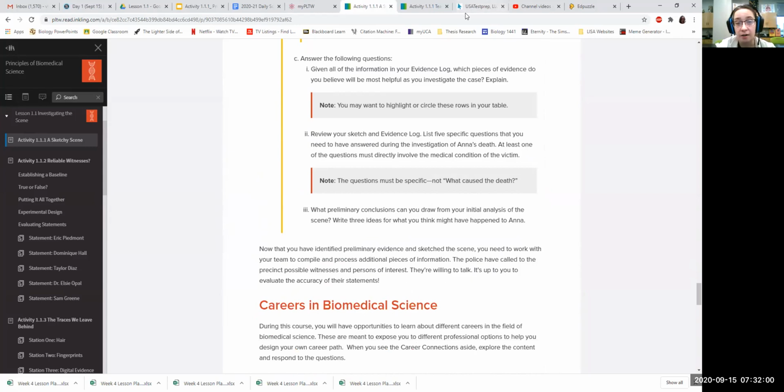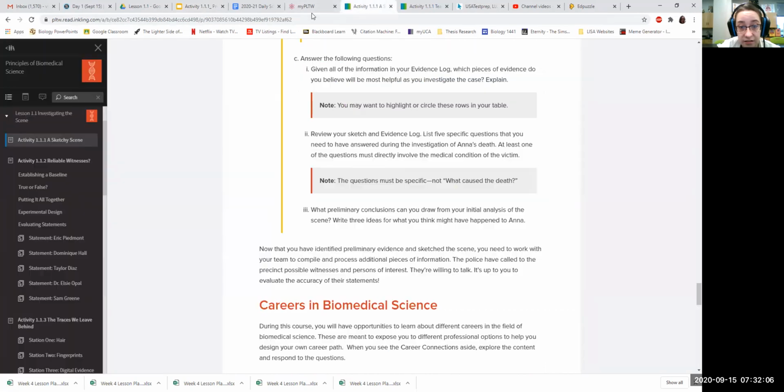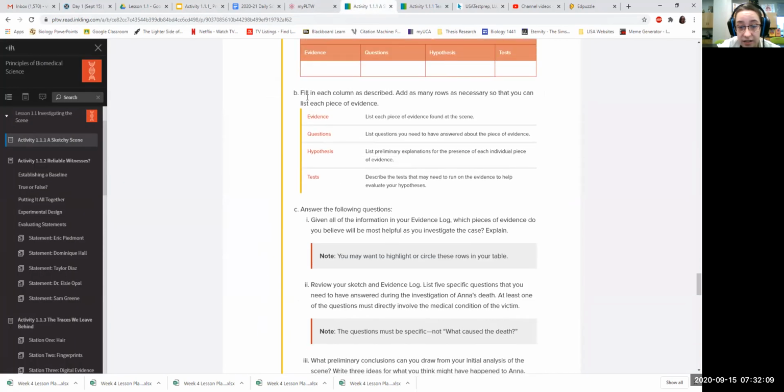All right. But it tells you in section B how to fill in each column.